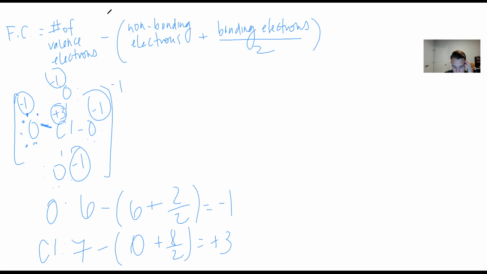So what can I do to make this structure different? I don't have any more electrons anywhere. Everything's happy the way it's drawn. But what we can do is double bonds. Chlorine can have more than 8 electrons around it.